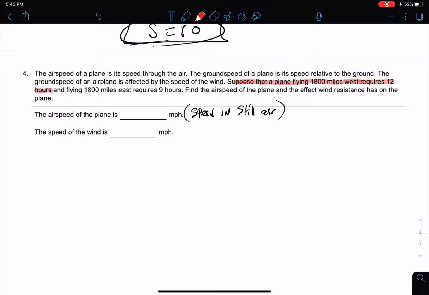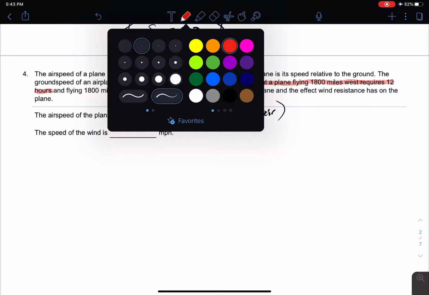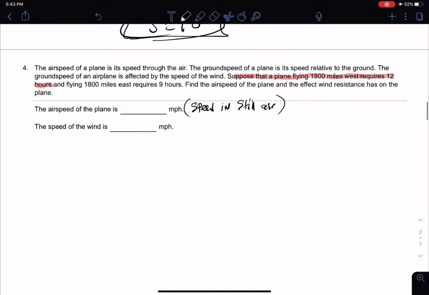So they're flying west. Let's just make this make sense. They're flying west, that must mean they're going this way. I didn't want that to be that color. So they're going west. It's that way. Let's call that west.